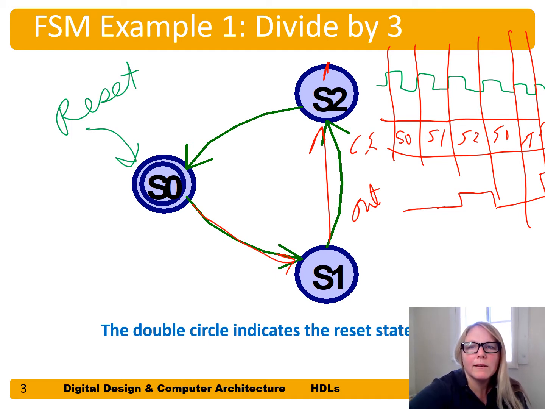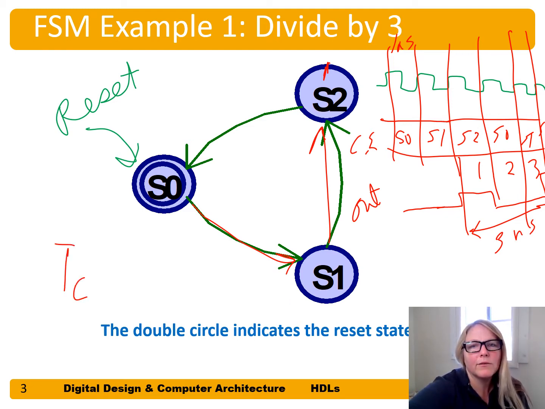If this time is, let's say, 1 nanosecond, for example, then this clock period is 3 nanoseconds. So TC increases by 3x, and so the frequency is divided by 3.